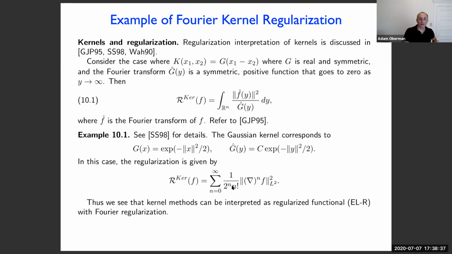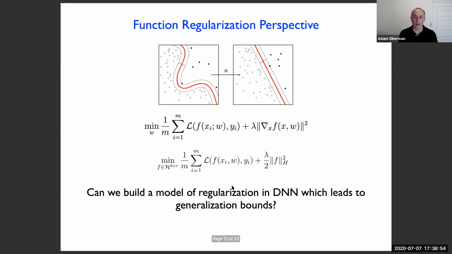Thus, we see that kernel methods can be interpreted as a regularized functional in the sense of calculus of variations, which is great. Okay, people don't emphasize this point of view because they're more interested in the computations and the learning. All right, so there it is. This was kind of the hope for this line of research, to say, look, I've got a Hilbert space regularization. So SVMs I can write as just gradient of f squared.